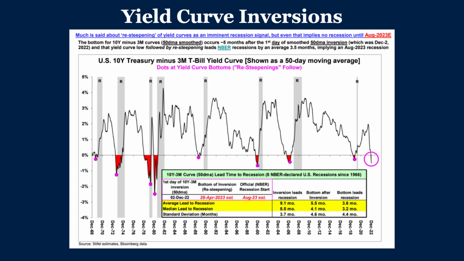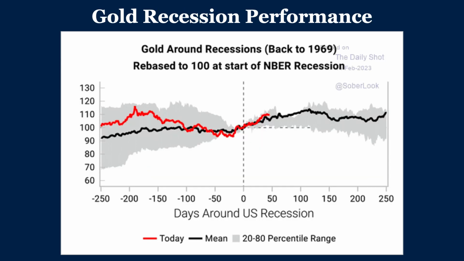The yield curve inversions, since the late 1960s, 1966, that's the only time there was an inversion in the last 60 years, 55 years, whatever, and there wasn't a recession. So you're looking at these things that have a really, really strong track record. These are big picture indicators for the economy. So the odds are very strong that we are going to get hit with a recession later this year.